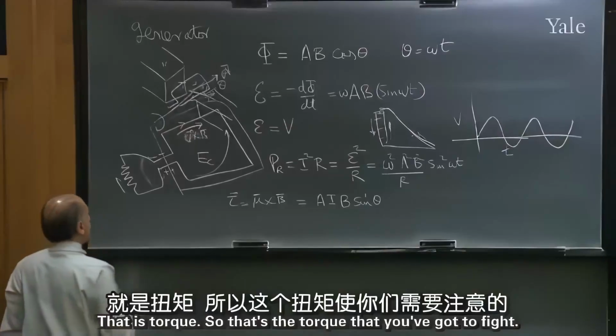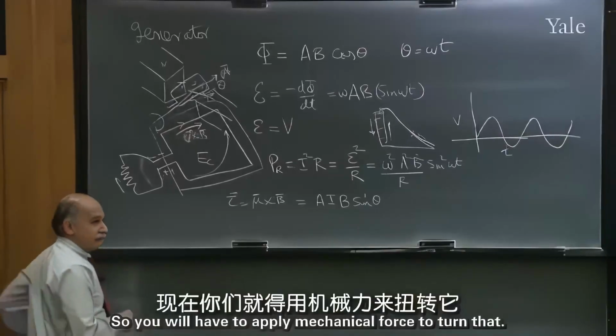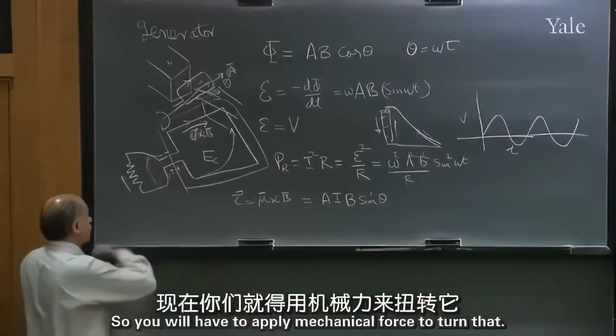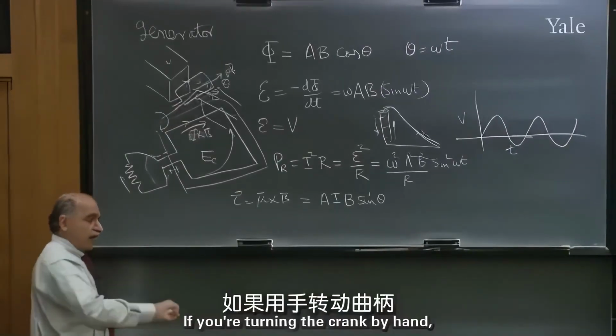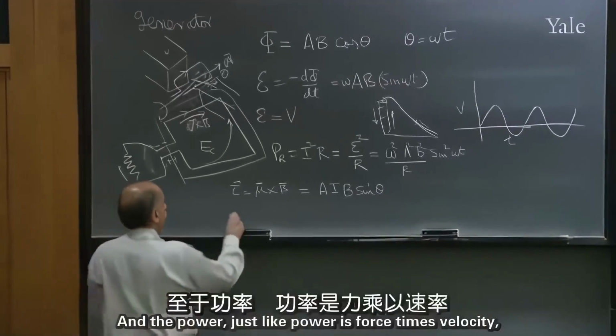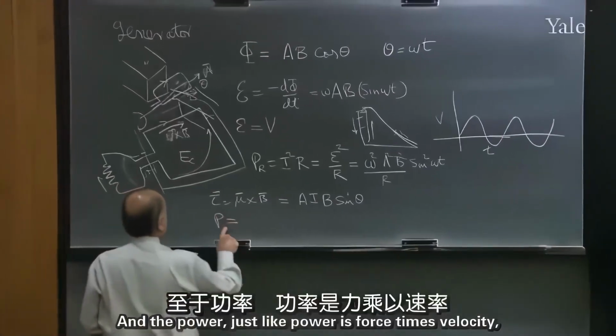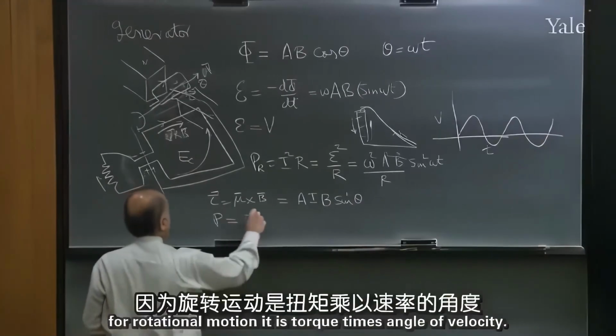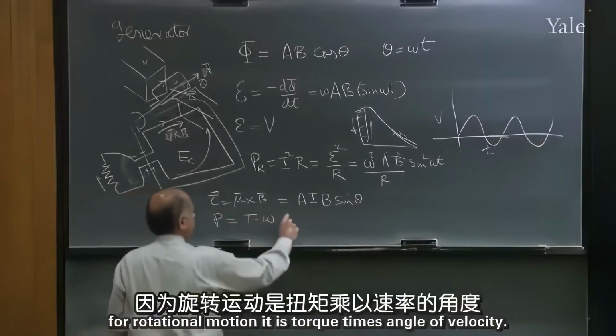So that's the torque that you've got to fight. So you will have to apply mechanical force to turn that. If you're turning the crank by hand, the minute you put a load, you will find it's hard to turn it. And the power, just like power is force times velocity, for rotational motion is torque times angular velocity.